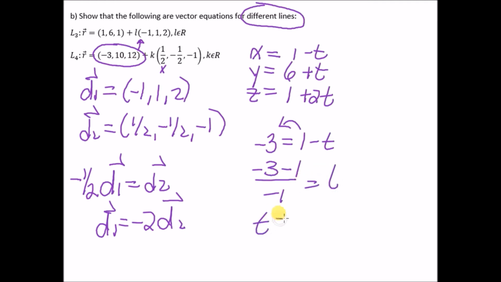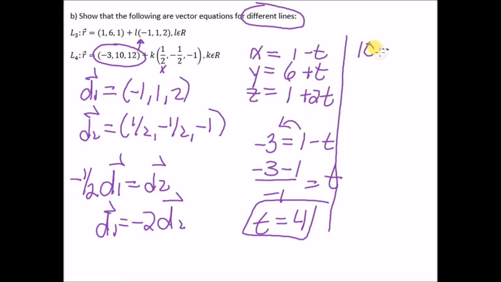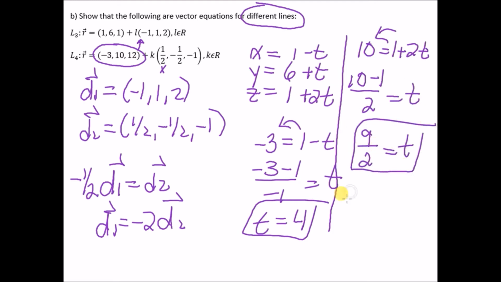I get t equals, that's negative 4, so positive 4. Now let's sub in the y. So I get 10 equals 1 plus 2t. Isolate, 10 minus 1 over 2 equals t. I get 9 over 2. We can actually stop there.